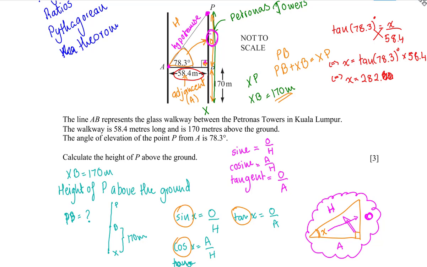Now this value of x is PB, and we add PB to XB, which will be 170 plus 282, and therefore the height of point P from the ground is 452 meters. Alright, so that's one question, and we'll solve another one in the next video.